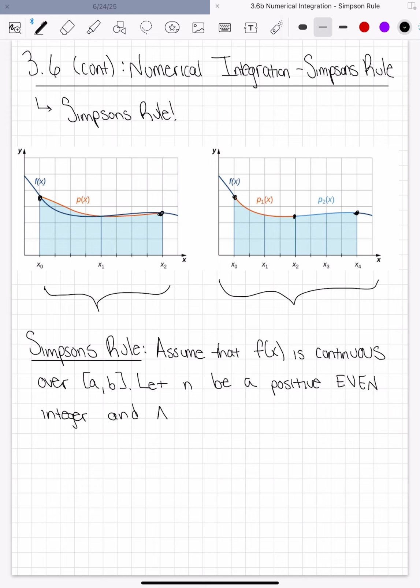And again, the width of the subintervals, we're still using the same formula, b minus a over n.